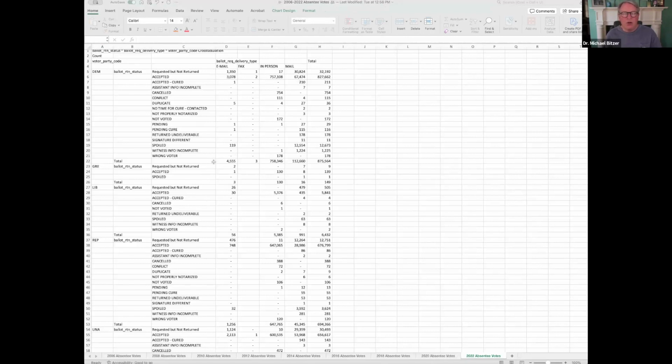And there is a unique North Carolina identification number for every voter, meaning that when you register to vote, you get a permanent, what is called NCID number attached to your registration.